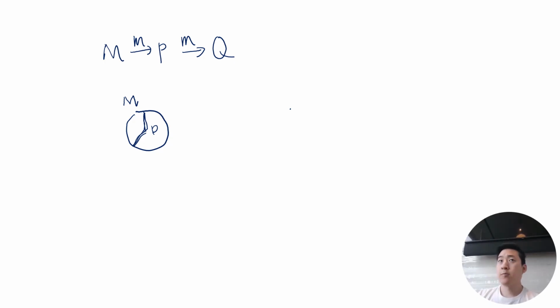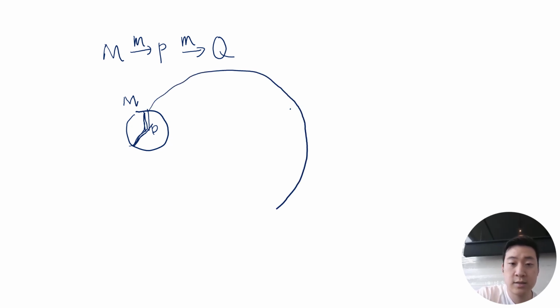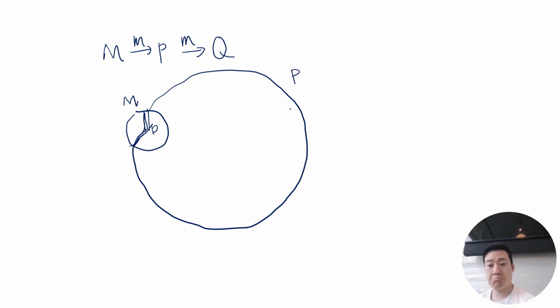Now, yes, it is possible that this is the entirety of P, but that doesn't have to be the case if you think about it, right? Maybe P is larger than M. That's also totally possible. Imagine if we have something like this, and this is all of P. Still totally possible.